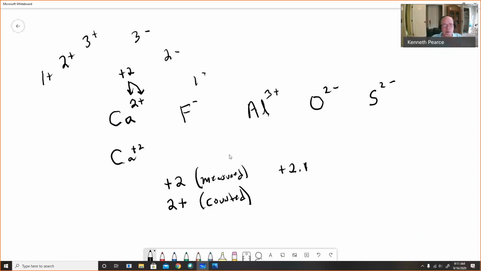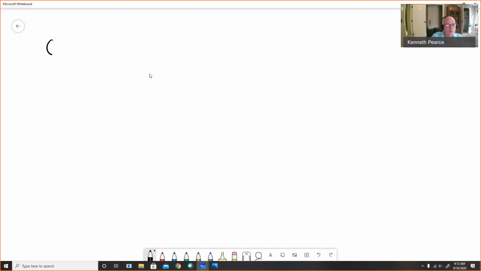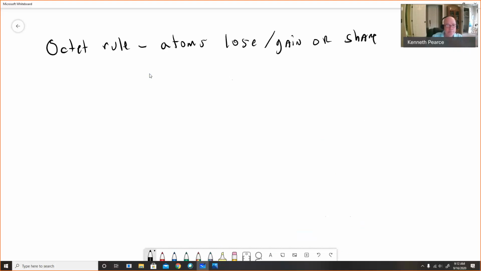So why do we have missing or extra electrons, and why does it follow that pattern on the periodic table? What's going on is this right here. We have something called the octet rule. It says atoms lose, gain, or share electrons to have a full shell.